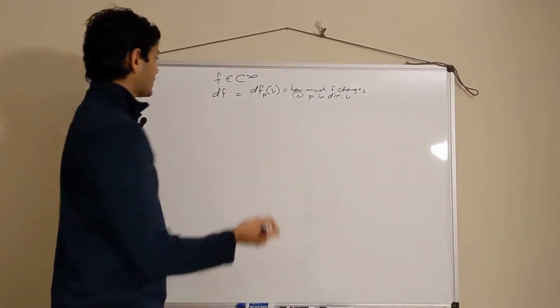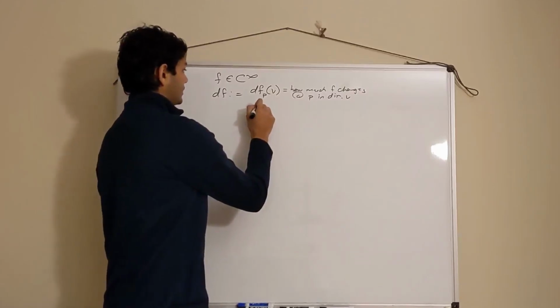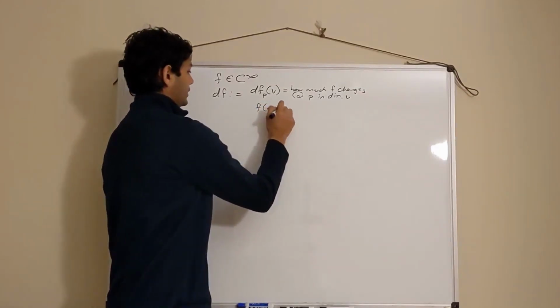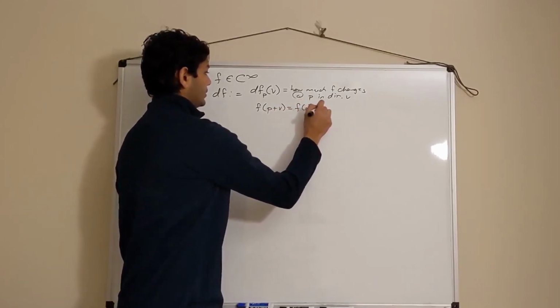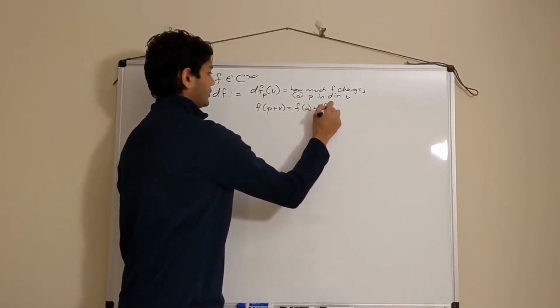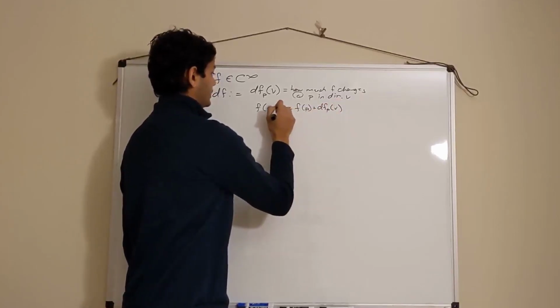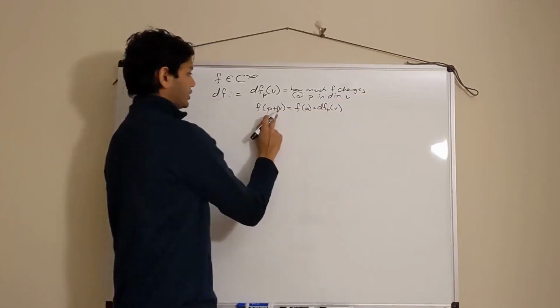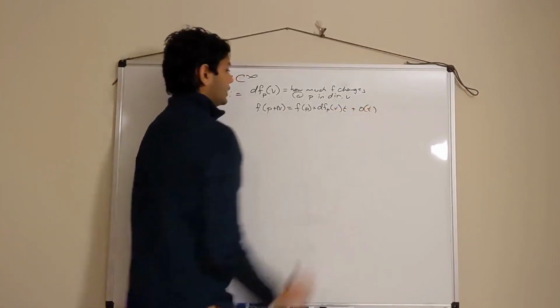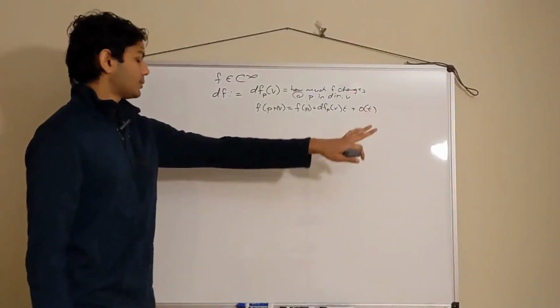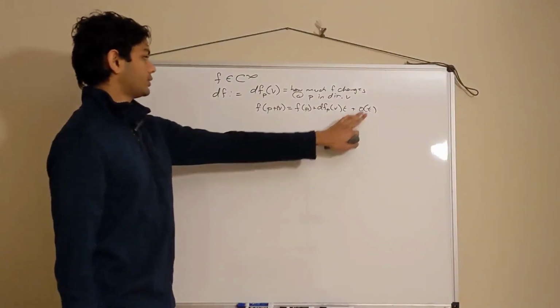For now, you can explicitly write this as f of (p plus tv) is equal to f of p plus t times df_p of v plus O of t. Here t is just some real number, and O of t just means smaller terms. If you haven't seen this notation before, don't worry about this bit.